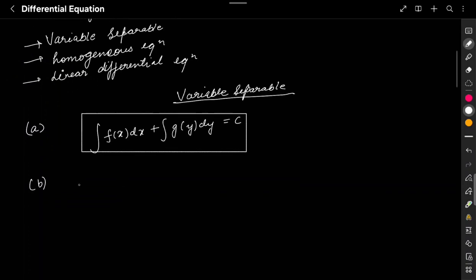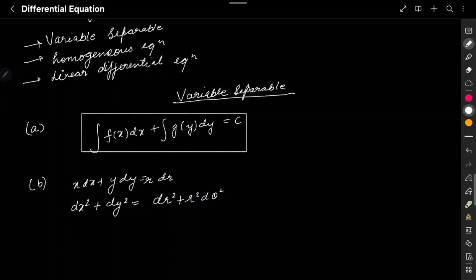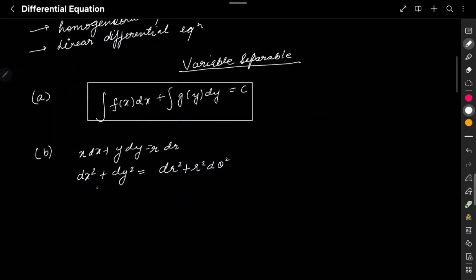For example, x dx plus y dy is equal to r dr. Next we have dx² plus dy² is equal to dr² plus r² (dθ)². Next we have x dy minus y dx is equal to r² dθ.